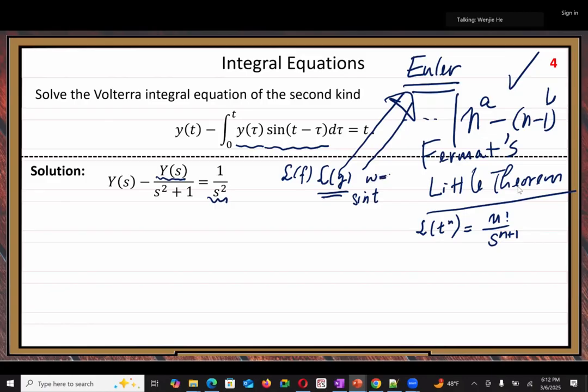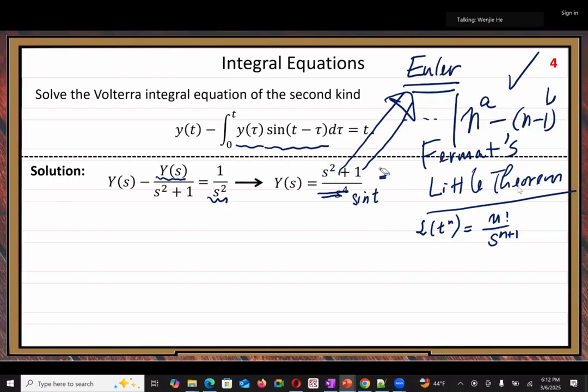Omega equals 1. So that's why the formula is 1 over s squared plus 1. All right. So then, solving this algebraic equation, we get capital Y equals this expression.